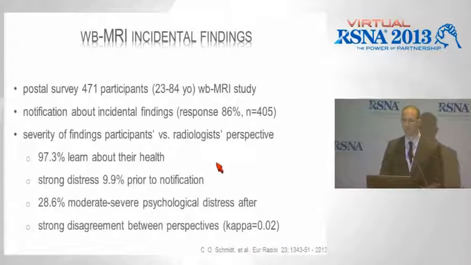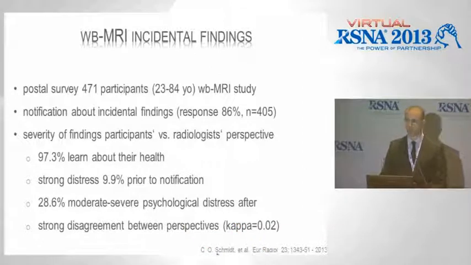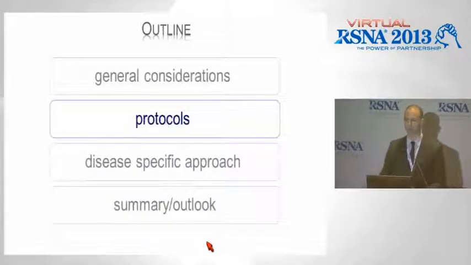While most of them were interested in learning about their health, 10% experienced strong distress even prior to receiving that notification. Later, when they received it and there were some findings, 30% were moderately to severely distressed. And they didn't concur with the professional perspective on what was severe and what not. These are just some side remarks when we look at whole body MRI. It's something we have to take into consideration.